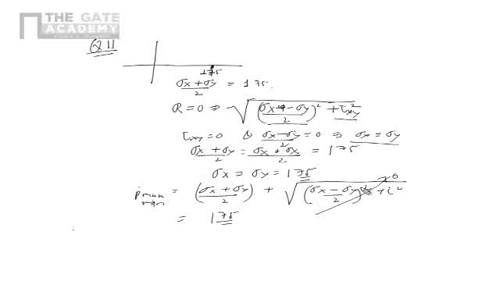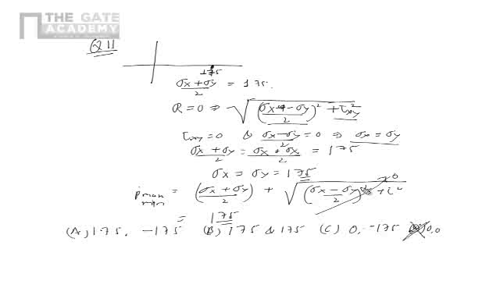So let's see the options. Option A is 175 and minus 175. Option B is 175 and 175. Option C is 0 and minus 175. And option D is 0, 0. So obviously, first look at the options.